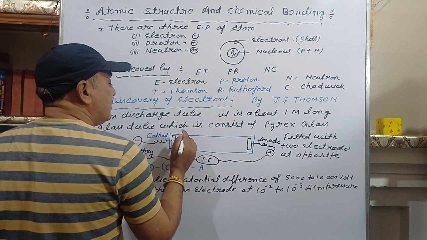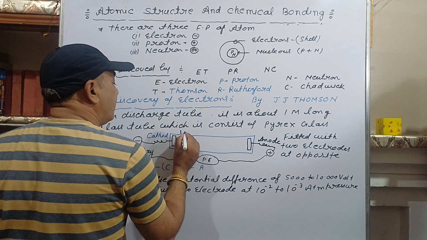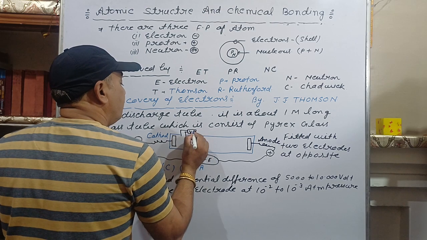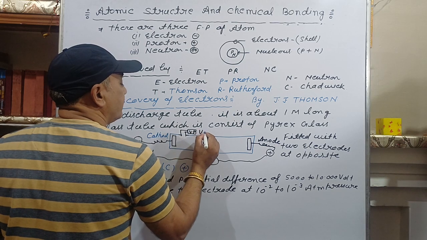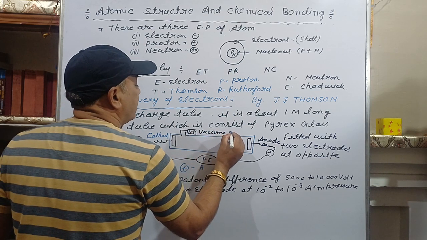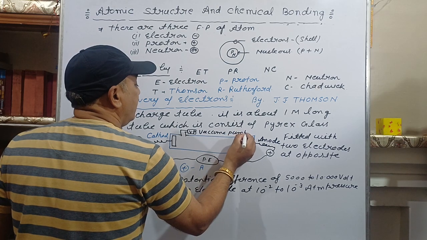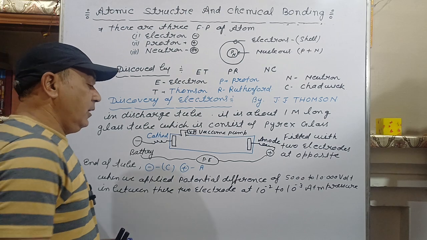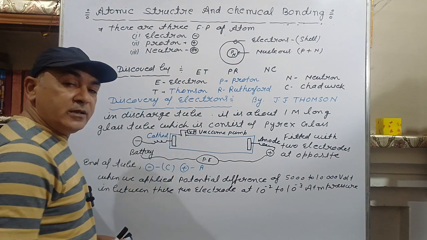This atmospheric pressure of 10 to the power minus 2 to 10 to the power minus 3 is created by a vacuum pump. The vacuum pump is responsible for the formation of very low pressure in the discharge tube.